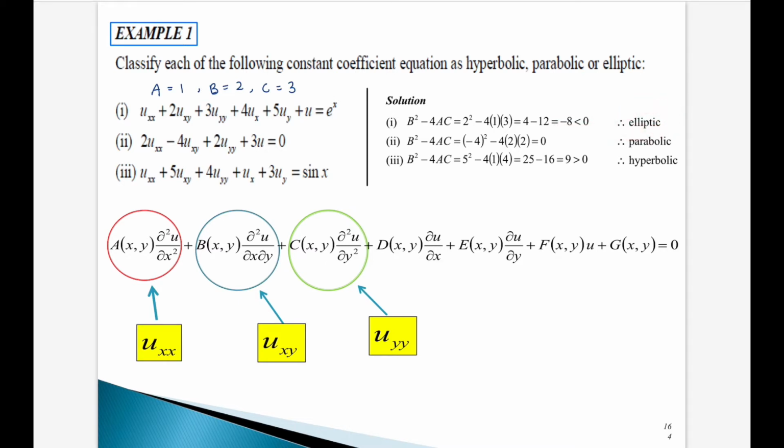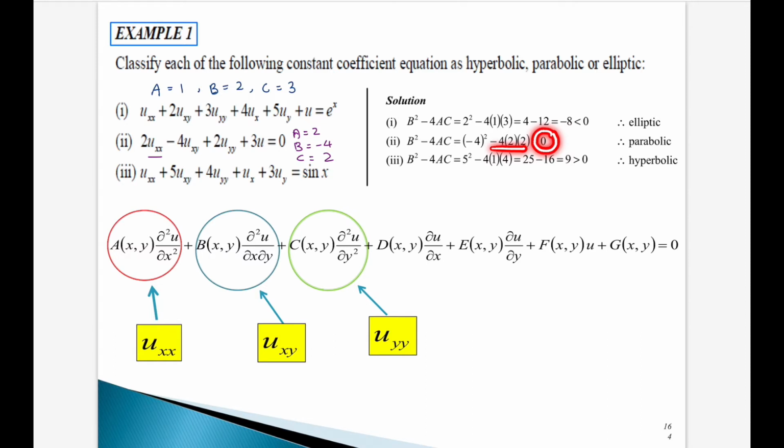For number 2, let's determine the values of A, B and C. A is the coefficient of uxx, so A is equal to 2, B is equal to -4, and C is equal to 2. Again, substitute into this equation. Simplify, then you get 0.